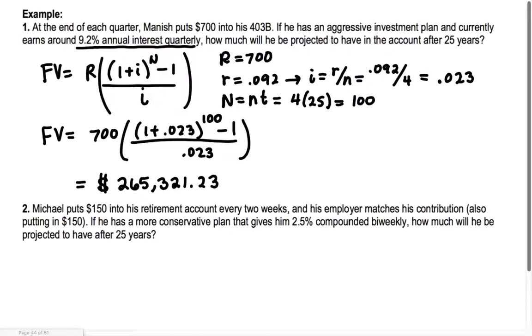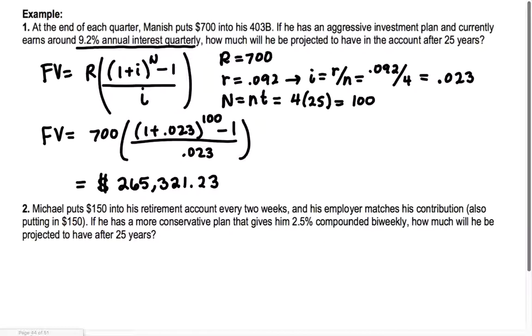Okay, let's do one thing at a time. Did you do your 1 plus 0.023, and then raise to the 100? Hit enter after you do 1 plus 0.023. Raise to the 100. Minus 1. Hit enter. Divide by 0.023. And then times the 700. You could do this all on your calculator at once, but you'd need a lot of parentheses. So I'm just doing one piece at a time.